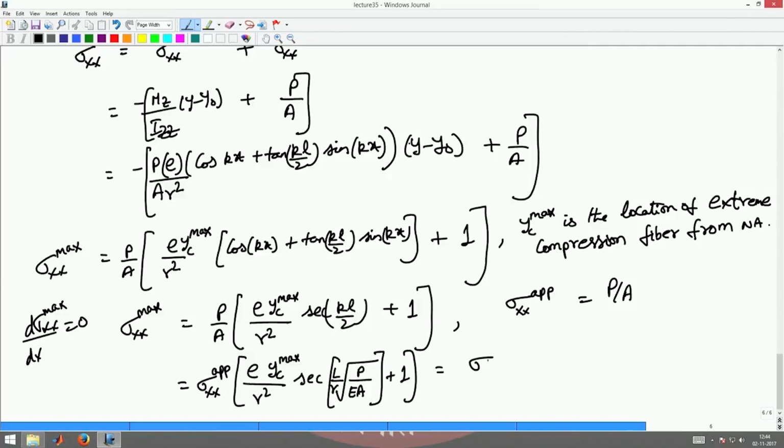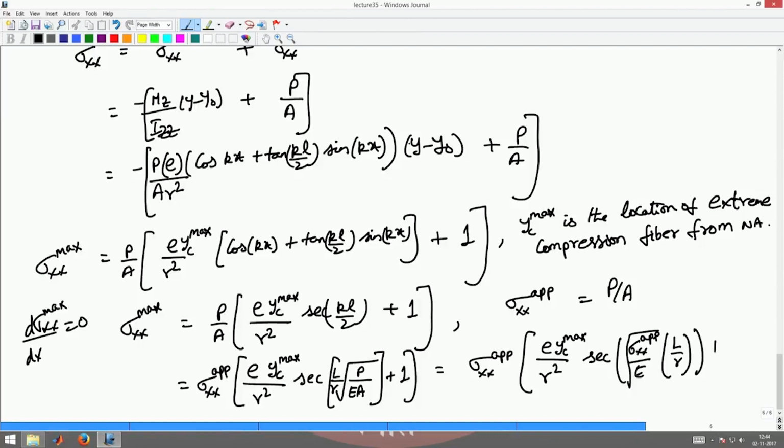This can be written as sigma xx apparent into E yc max by r square into secant square root of sigma xx apparent by E into L by r, to L by r plus 1.